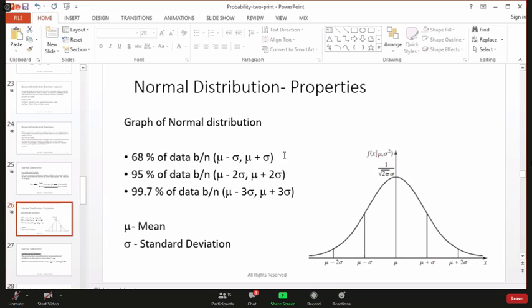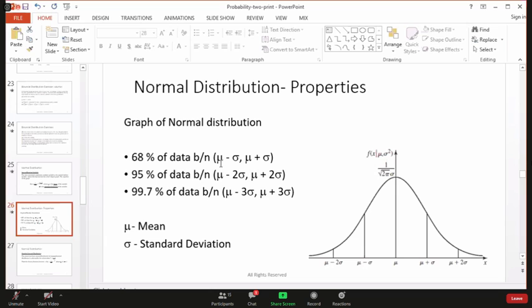For example, suppose these O-level marks have a mean of 50. I just take this to simplify the concept. Standard deviation, suppose 10, of course a very big gap, just as an example. Suppose mu is 50, sigma is 10.